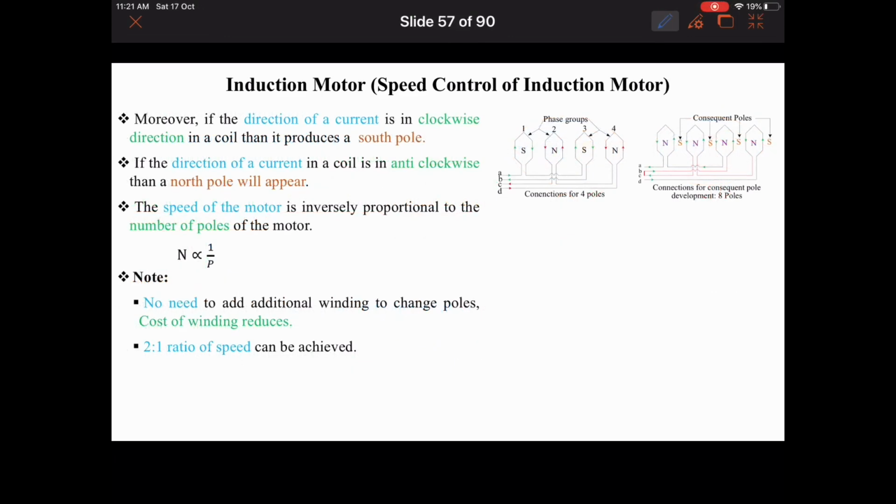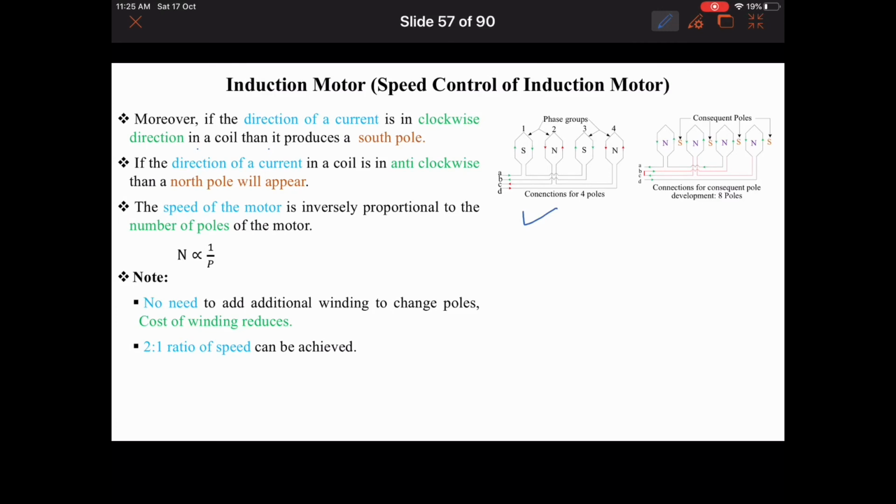Moreover, if the direction of current in a coil is clockwise, then it produces a south pole. If the direction of current in a coil is anti-clockwise, a north pole will appear. The speed of the motor is inversely proportional to the number of poles. In this circuit, we have considered 4 coils, 1, 2, 3, 4.